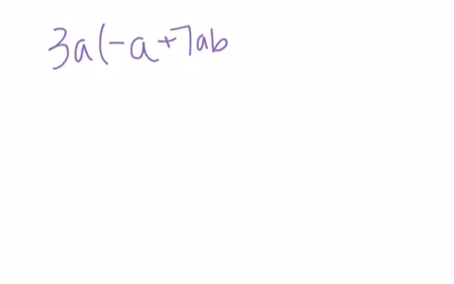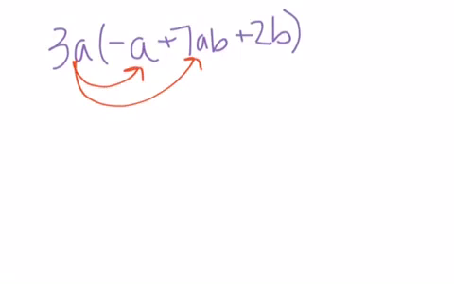This next one is a little bit trickier to distribute and then simplify. So let's distribute. Remember, when you're multiplying variables, you're just adding their exponents.